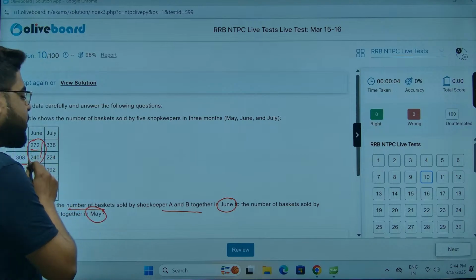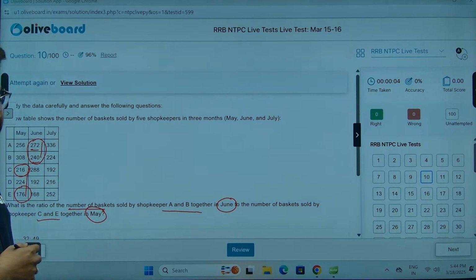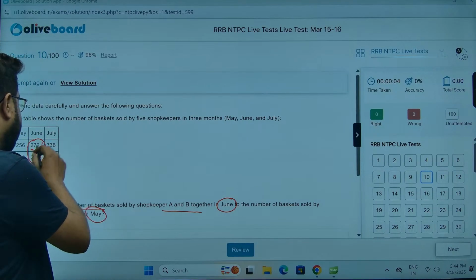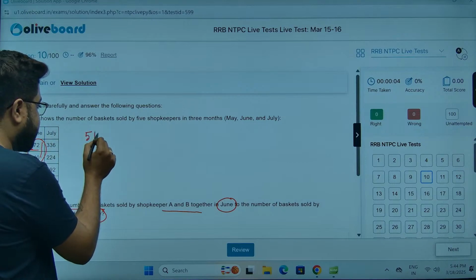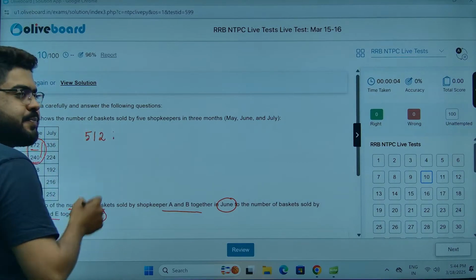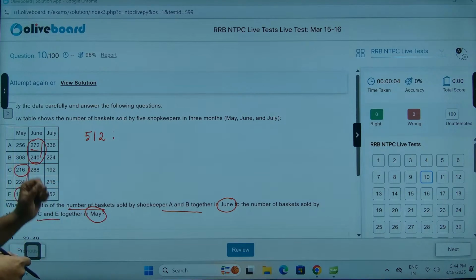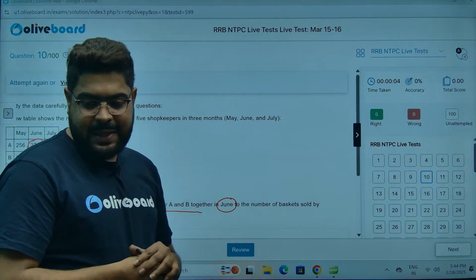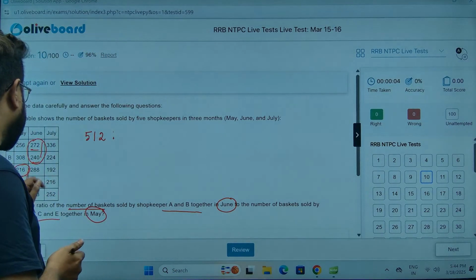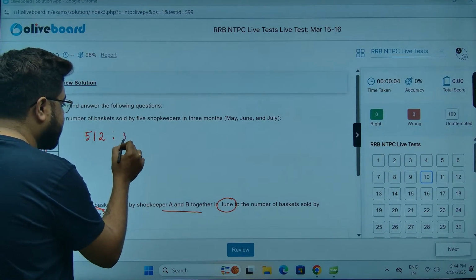27 and 24, sir, 216 and 176. 27 and 22, 21 and 17 means 20 and 18, 38, and this, sir, 392.